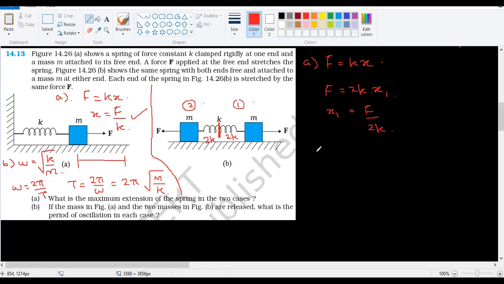So it means the total extension will be X1 plus X2, which means F by 2K plus F by 2K. 1 by 2 plus 1 by 2 will become 1. So which means it will become F by K. So what this means is, in this case and in this case, the extension is going to be the same.